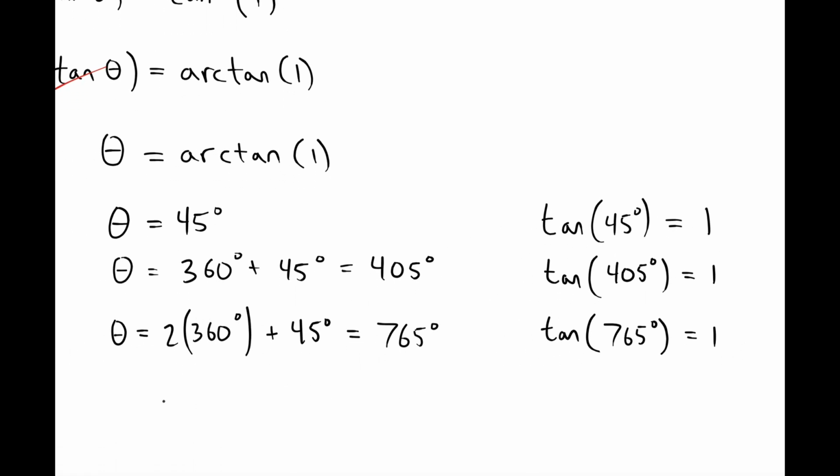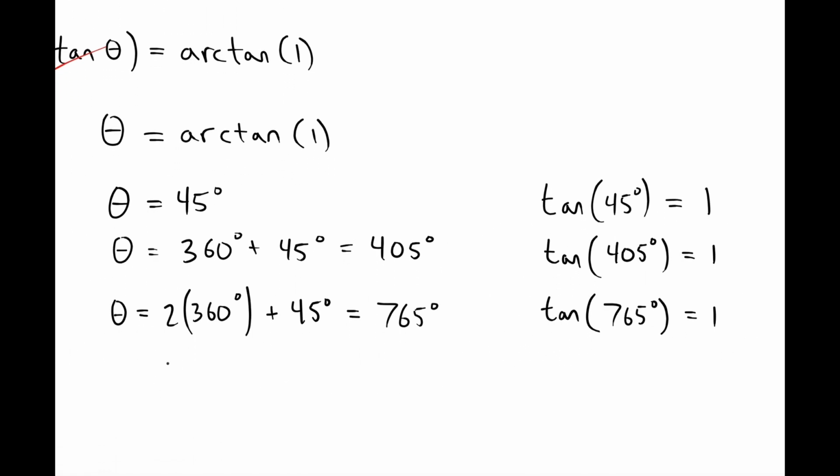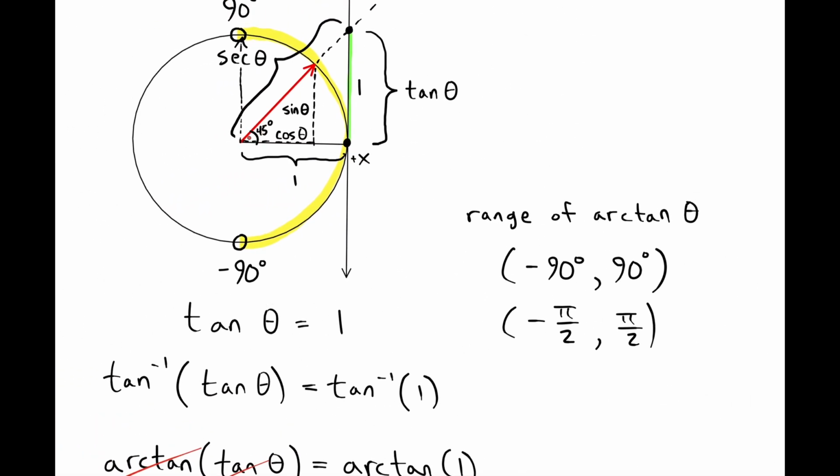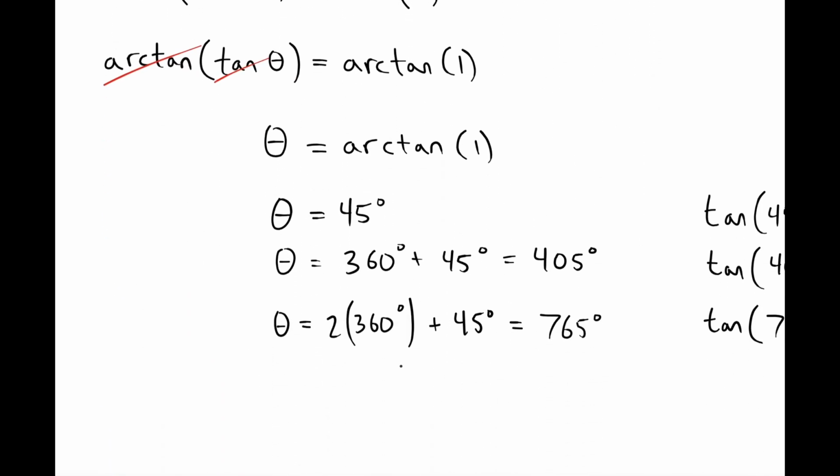Not only that, but you could also go in the reverse direction. If we were to go backward around the circle and come back here, that would be negative 360 plus 45.